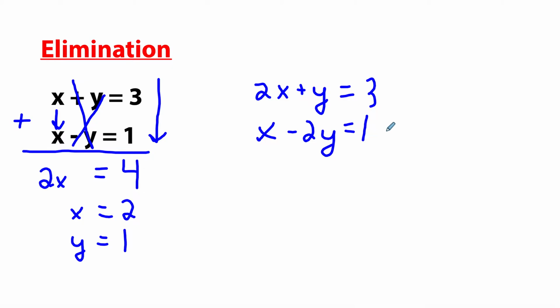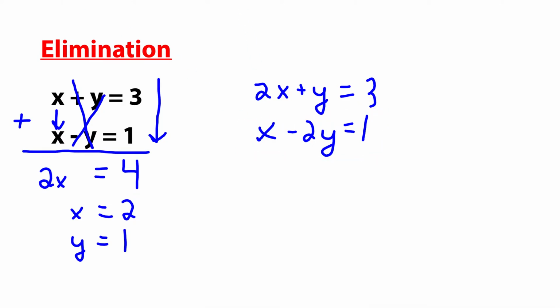Well, the first thing you should say is this is probably a better candidate for substitution, because you could see very easily it would not be hard to solve this equation right here for x. I could just add 2y to the other side, get this equation in terms of x, and then substitute into this equation. But what if I forced you to do this system by elimination?